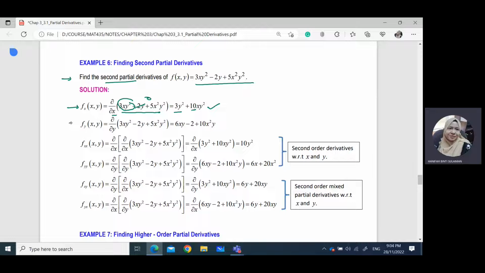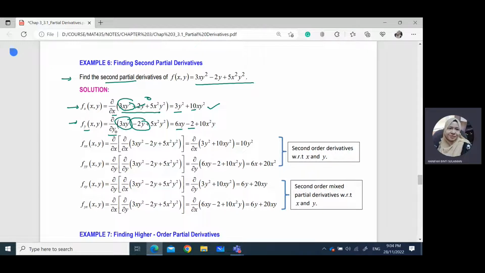Okay, so next we find the derivative with respect to y on the given function. Bear in mind x remains as a constant. So we differentiate with respect to y on 3xy squared. So here we have 6xy. And differentiate with respect to y on negative 2y. So differentiate yang ini, then we have negative 2.